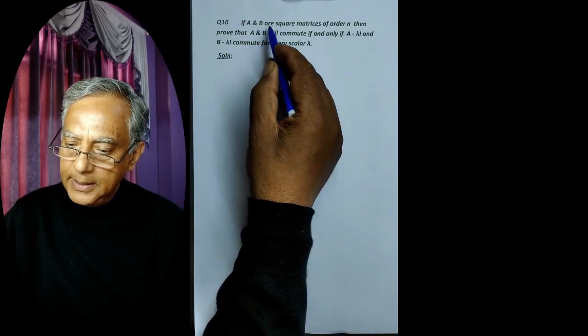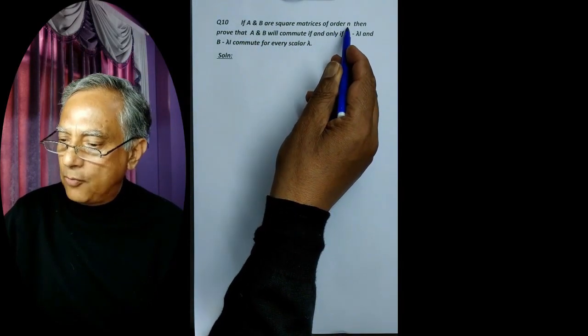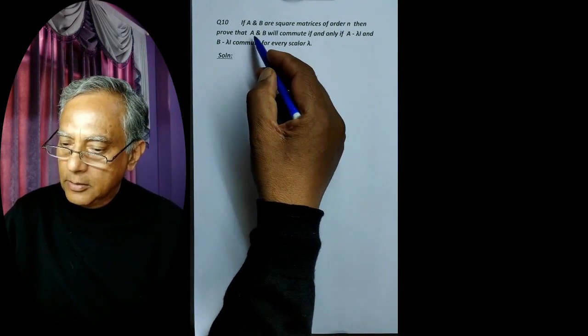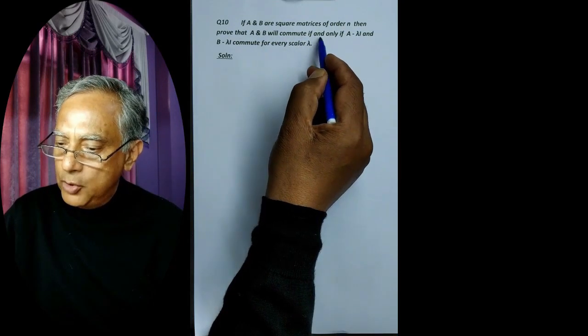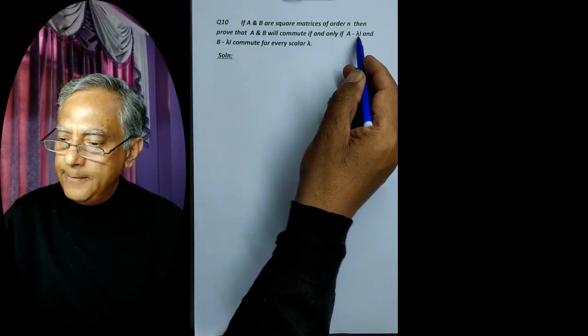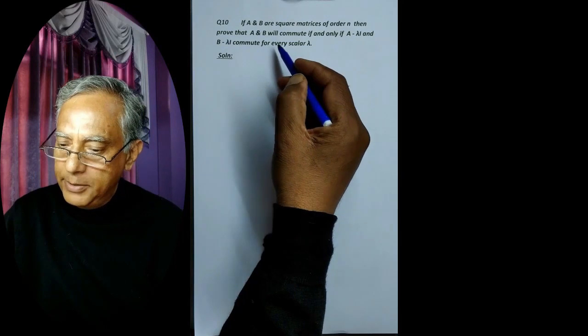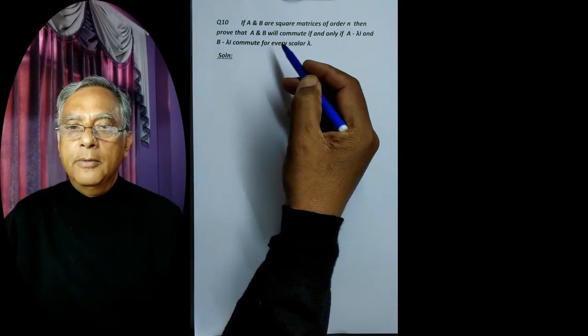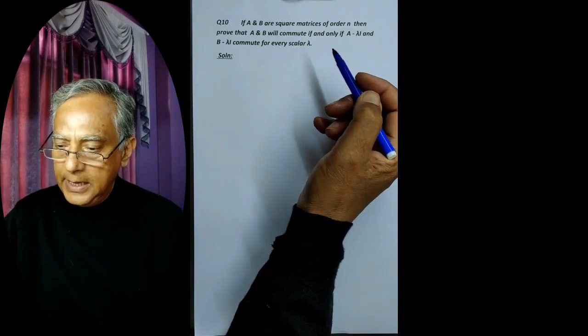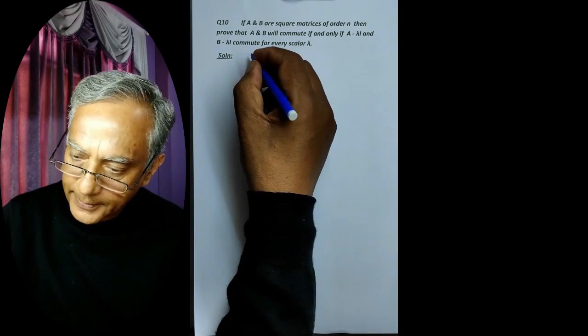Now next is, if A and B are square matrices of order n, then prove that A and B will commute if and only if A minus lambda I and B minus lambda I commute for every scalar lambda.